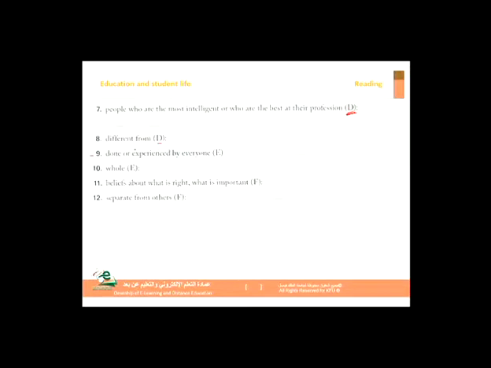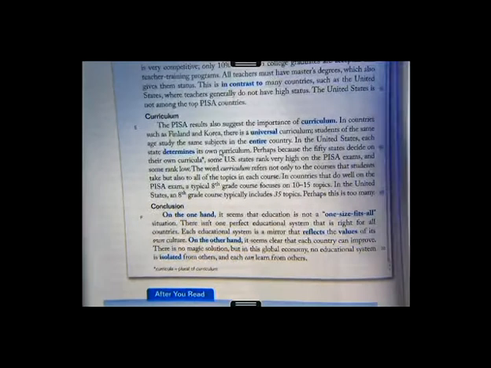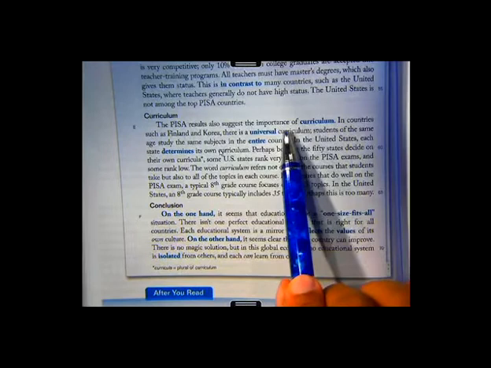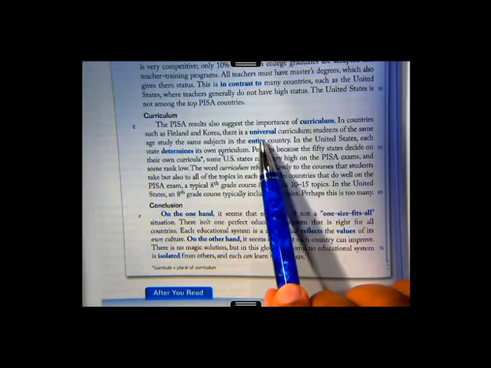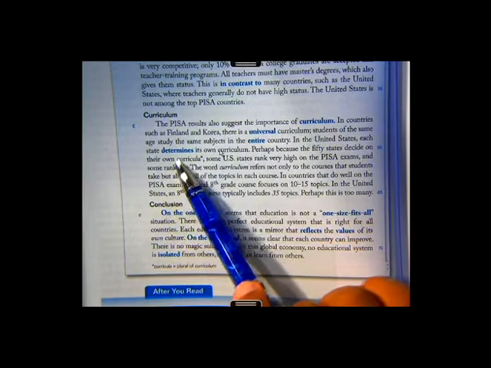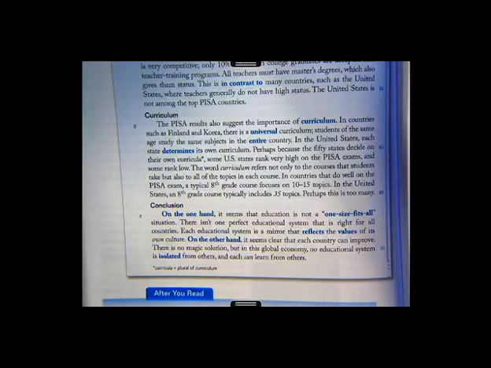Number 9, done or experienced by everyone. Paragraph E. The words are curriculum, universal, entire, and determines. All right.